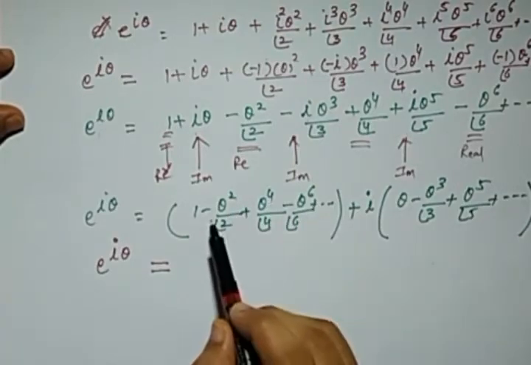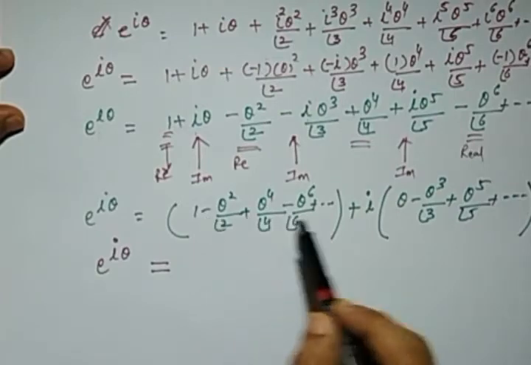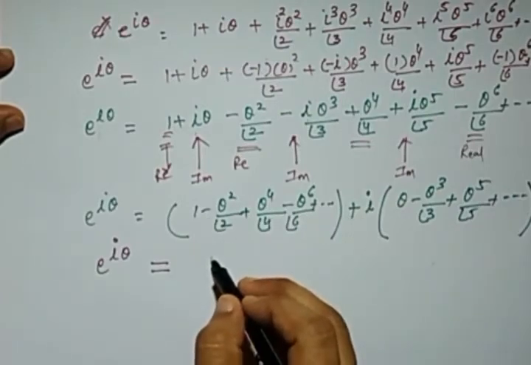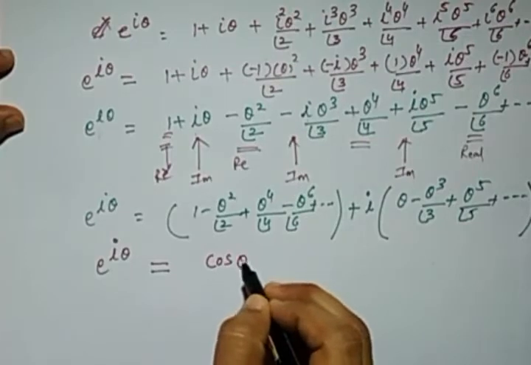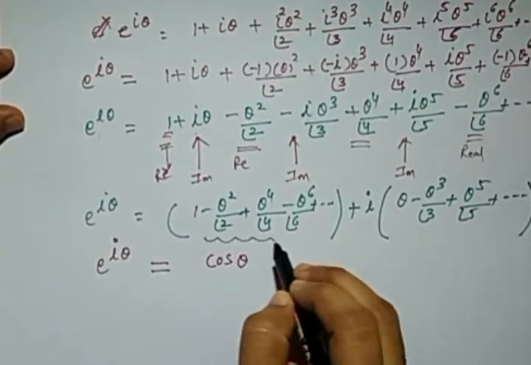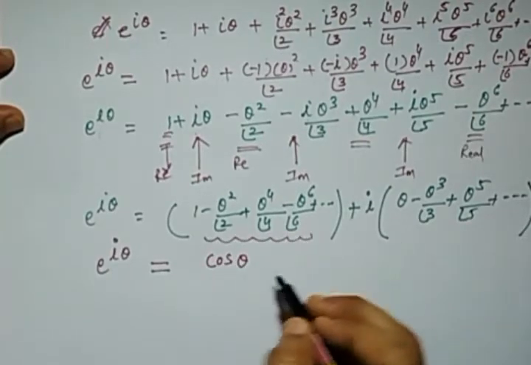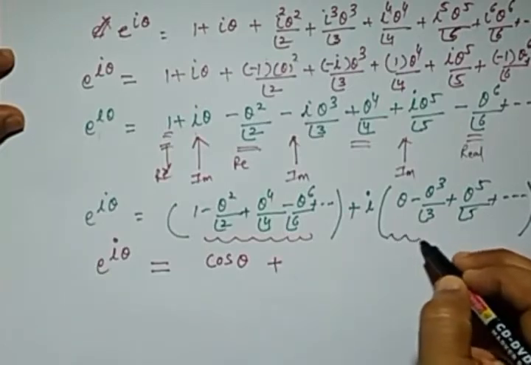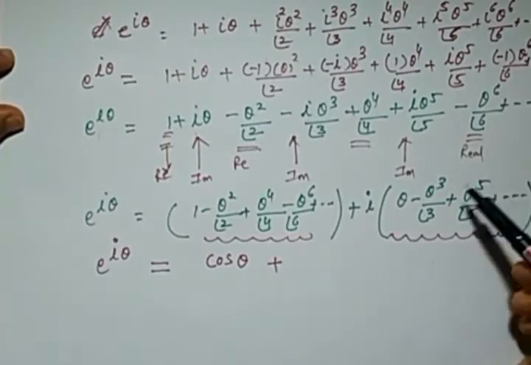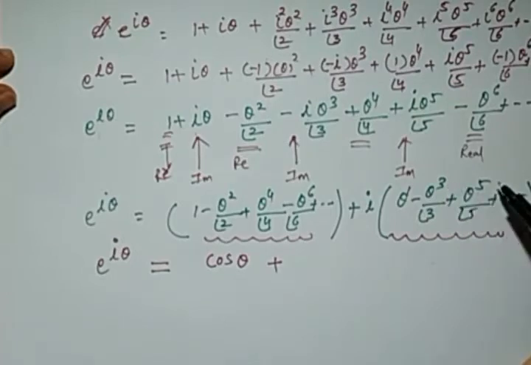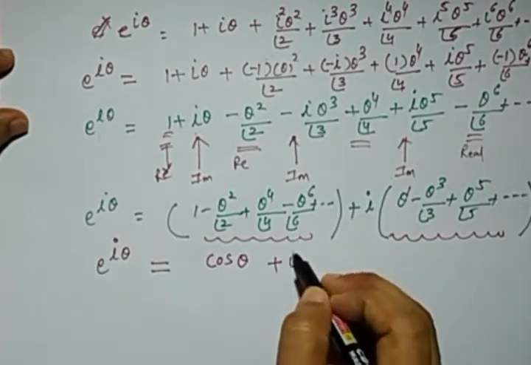So e raised to power i theta is equal to this even series, theta square, theta 4, theta 6 with alternate negative and positive signs. This is the series for cos theta. So I am replacing this entire series by cos theta, plus this odd series, theta, theta cube, theta 5, is the series for sin theta.